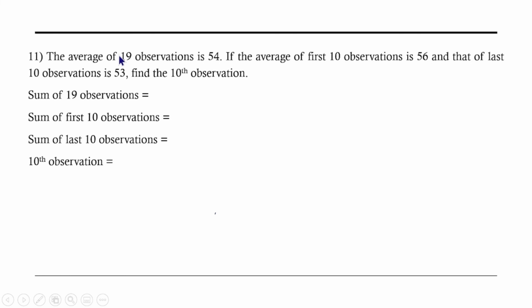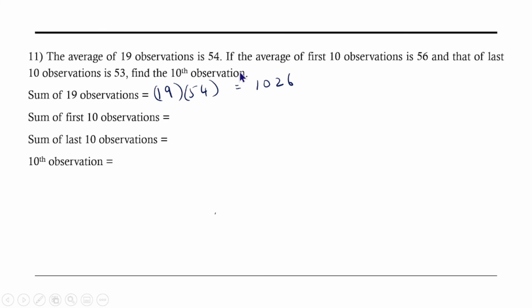From the average of 19 observations, we can find the sum of 19 observations. So the sum of 19 observations will be 19 into 54, which is equal to 1026.